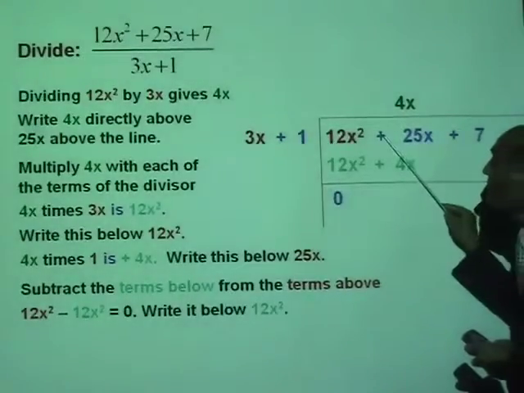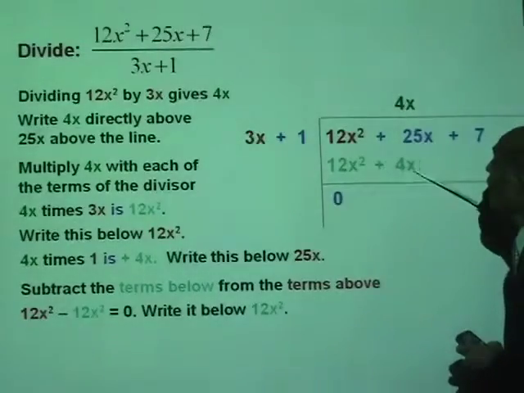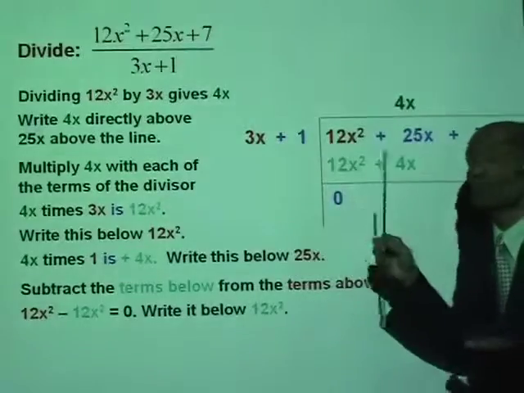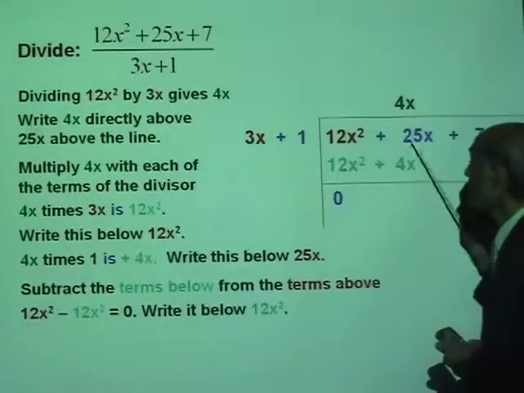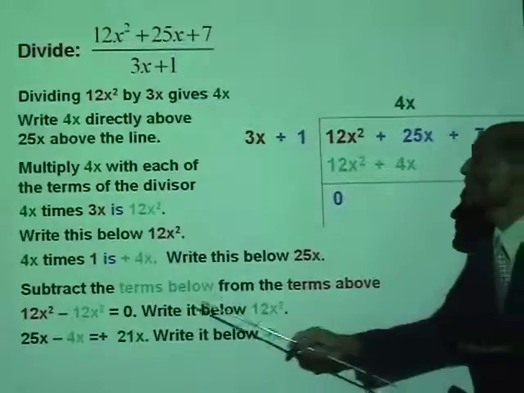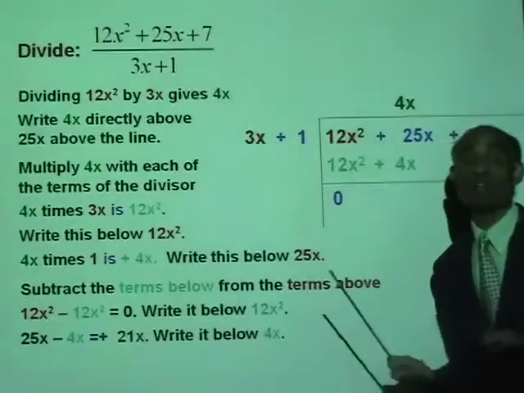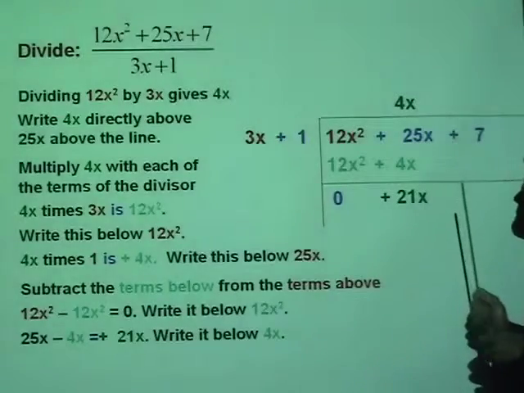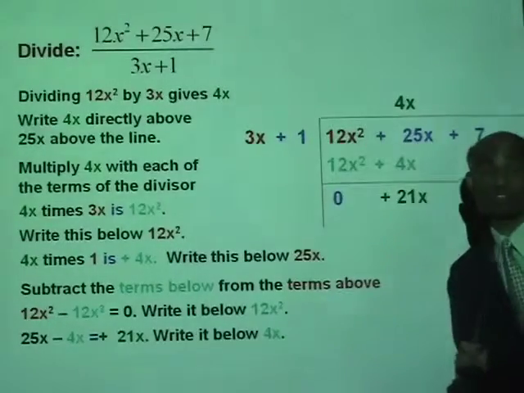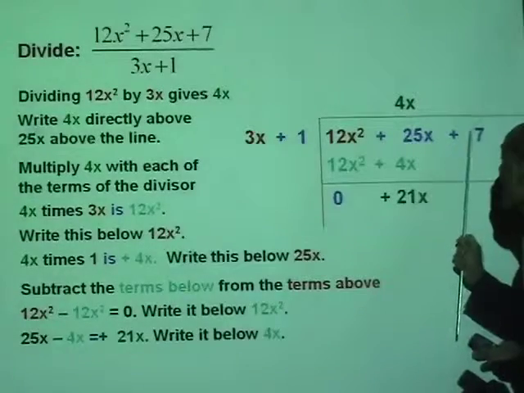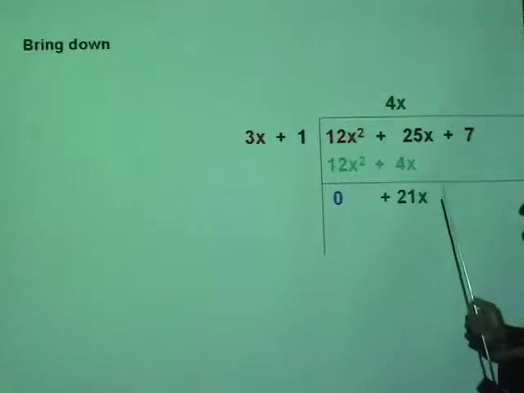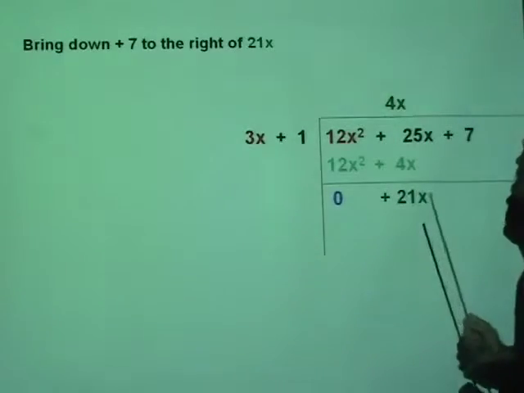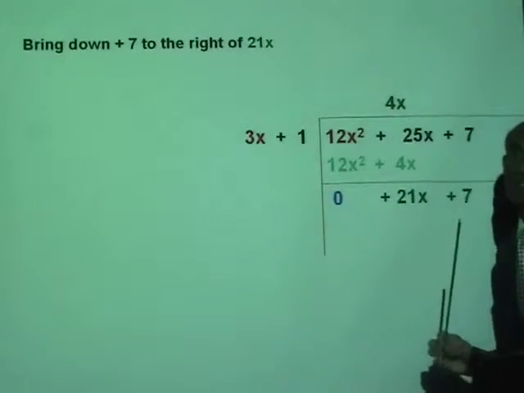Positive 25x minus 4x is positive 21x. And write it below that 4x. There you are. What is the next step to do? Bring down the positive 7. Alright, bring down the positive 7 to the right of 21x.